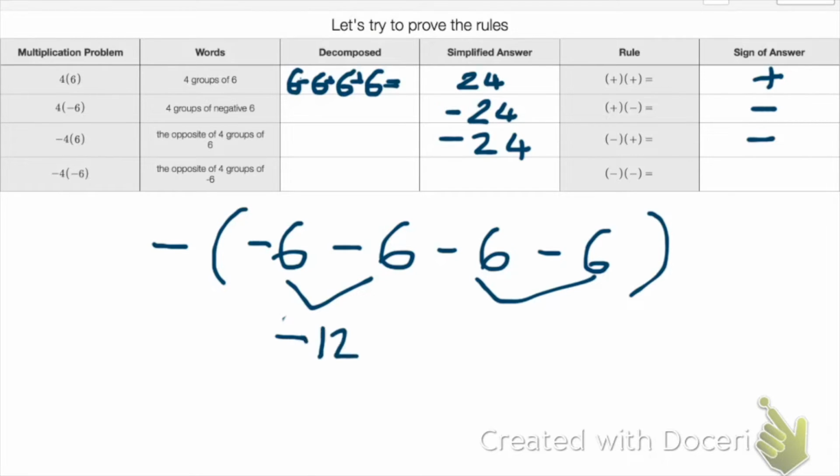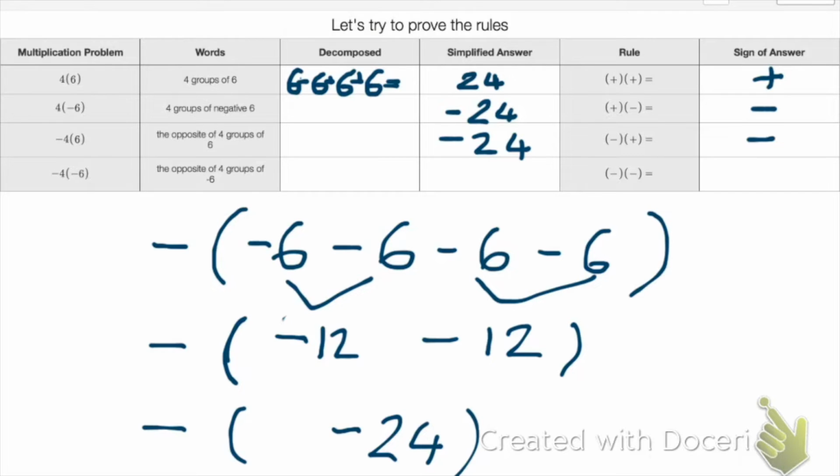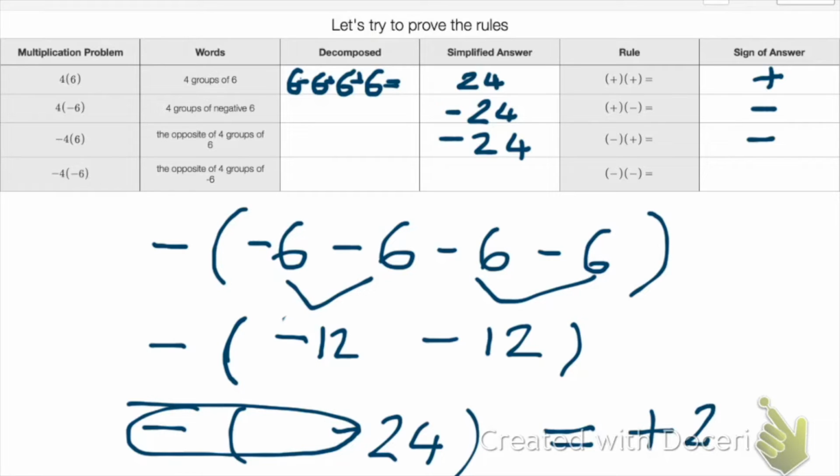It's negative 12 minus 12. And it's still inside parenthesis. And it's going to be negative 24 inside parenthesis, right? So now we see two negatives next to each other. So we learned that whenever we see two negatives next to each other, it's going to change to a positive. So the final answer is positive 24. So negative times negative is positive.